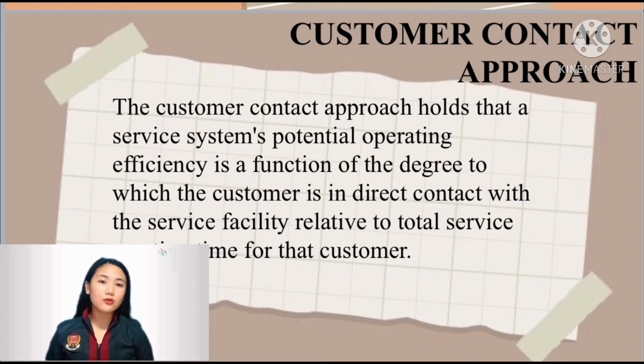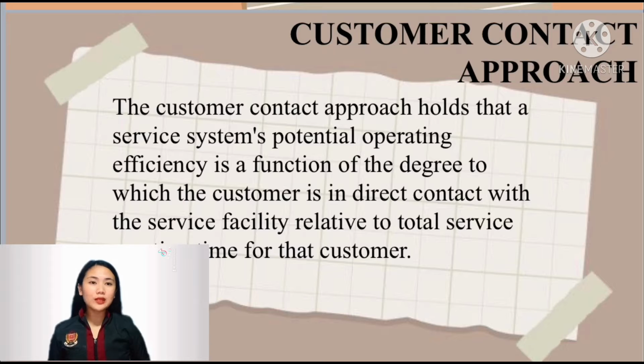The table shows the examples of the different services based on the extent of contact between the customer and the service facility. Pure services require high direct contact between the customer and the service facility. Examples of these are the entertainment centers, hotels, public transportation, restaurants, schools, and ATMs.